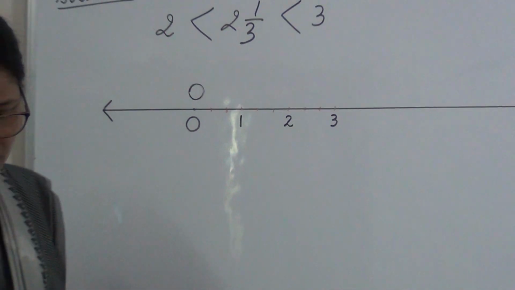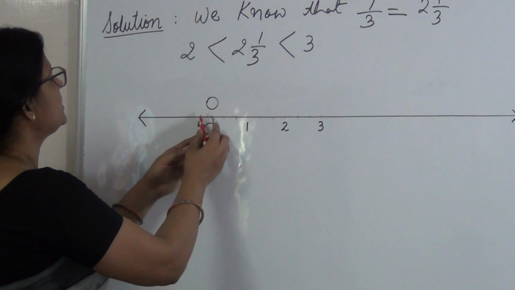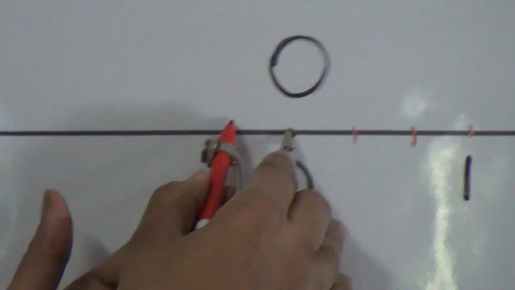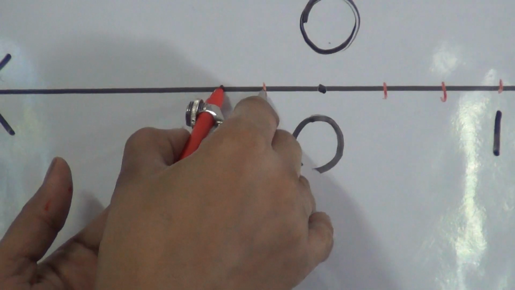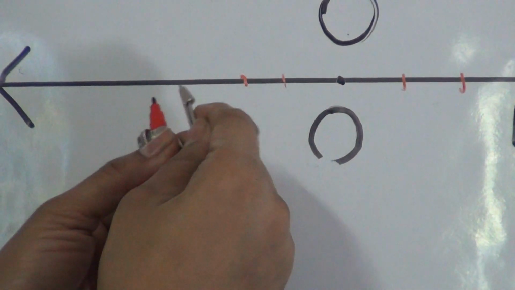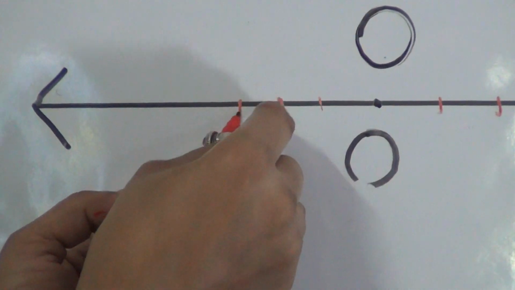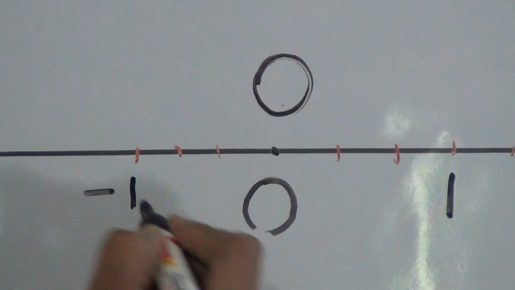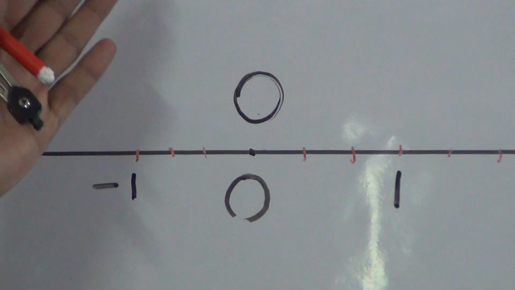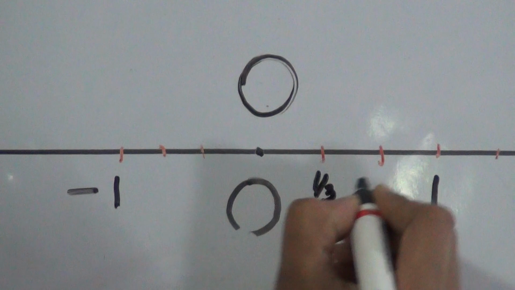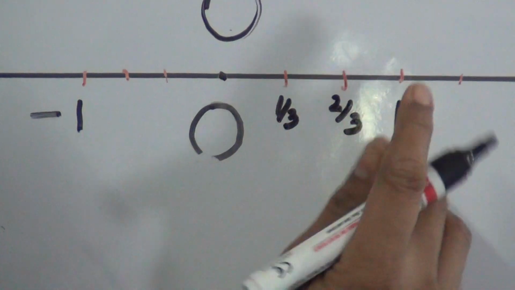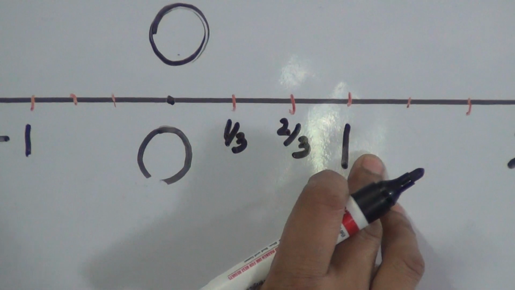Now let us move on the left side of 0. It is not necessary here to mark, but exactly the same way we are going to mark 3 points, which will give us minus 1 here. Now here we see that this is 1 upon 3. This is 2 upon 3. This is 3 upon 3, that is equal to 1.